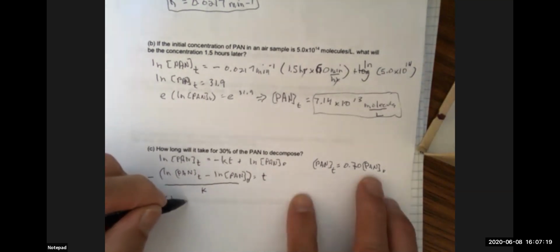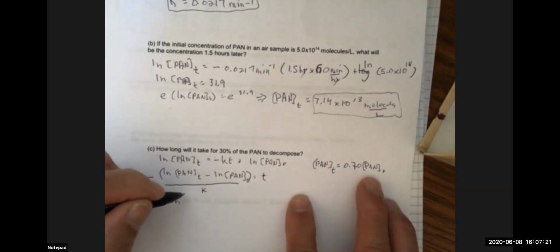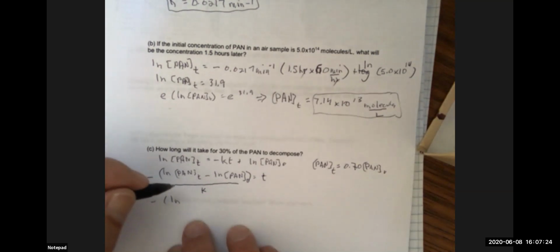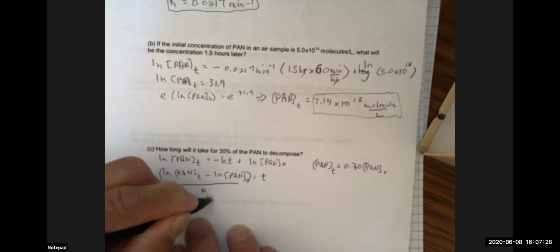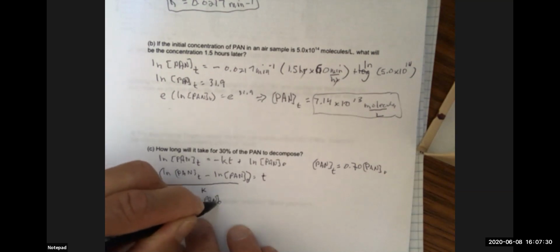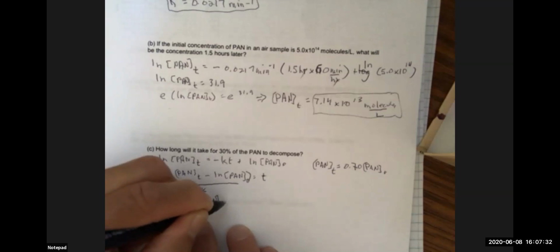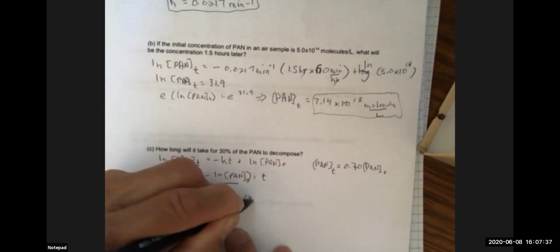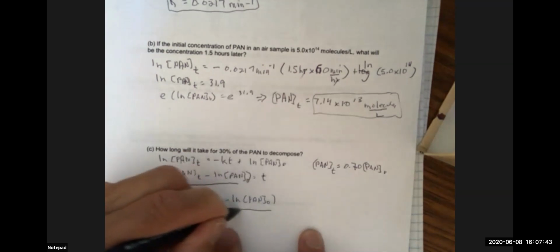So we have the natural log of PAN at time t, which we said is 0.7 PAN at time 0, minus the natural log of PAN at time 0, divided by k.